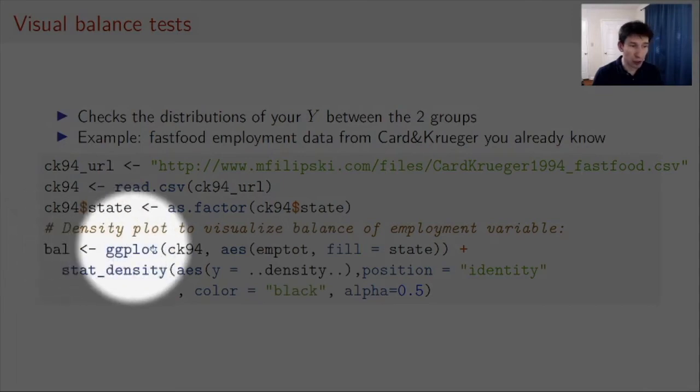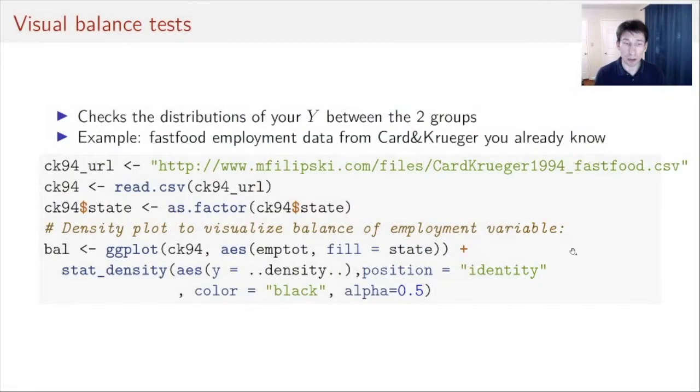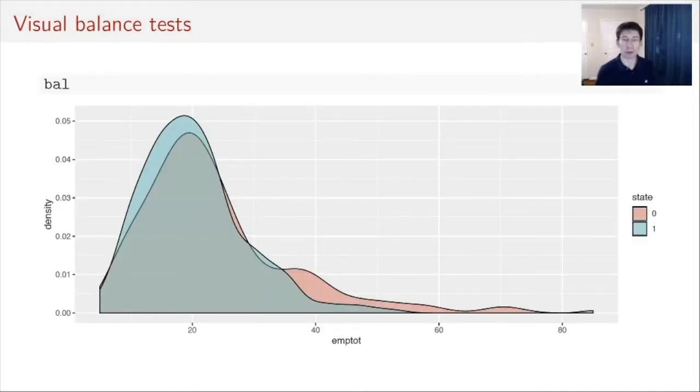So with this command, we're going to make a density plot that visualizes the balance of the employment variable, the pre-treatment employment variable. What you see is that although the distributions are not exactly the same, they're quite similar. There's a lot of overlap. So this would qualify as a pretty decent balance test.